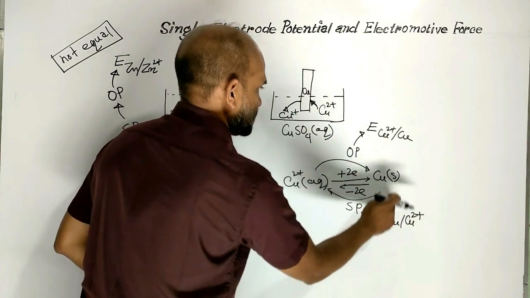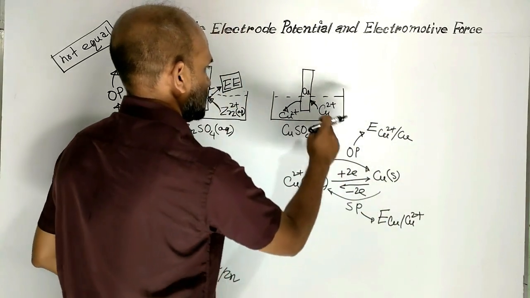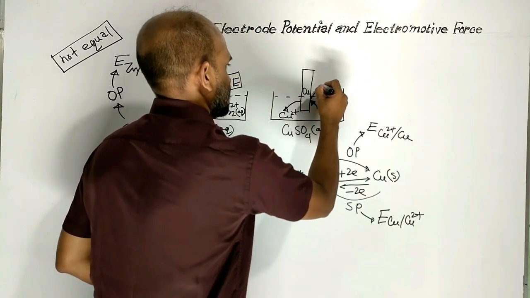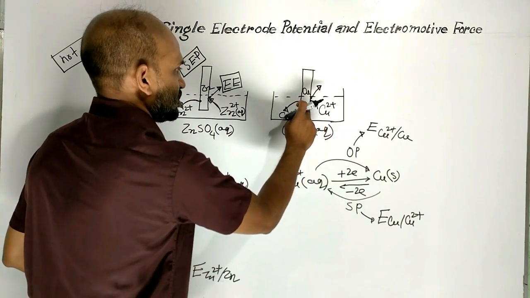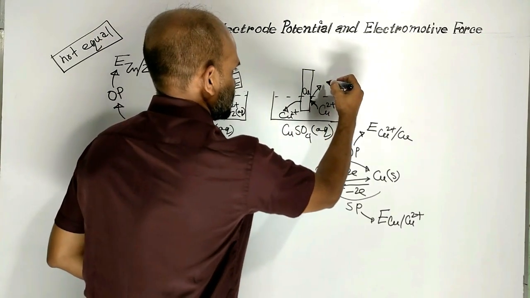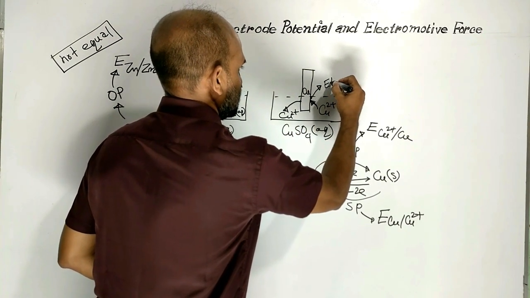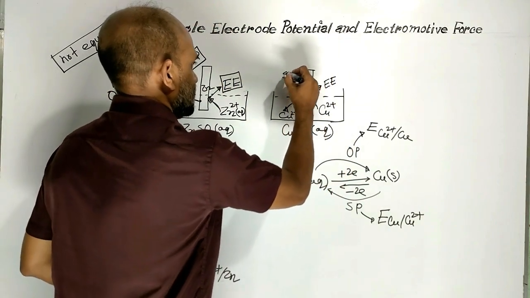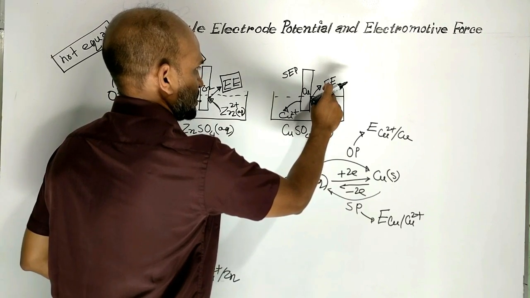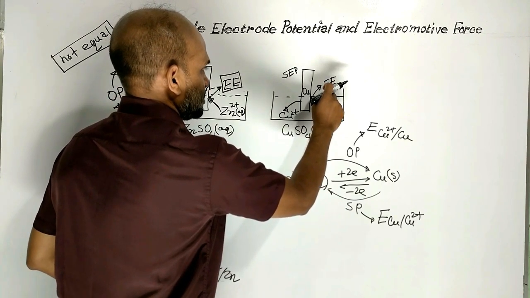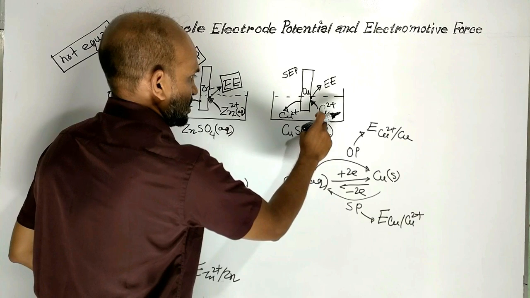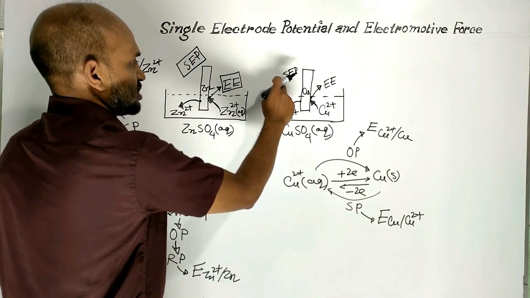Here, these potentials are not the same. Due to the inequality of these potentials, an electrical pressure is created at the junction of the metallic strip of copper and copper solution, which is called electrical energy or single electrode potential.